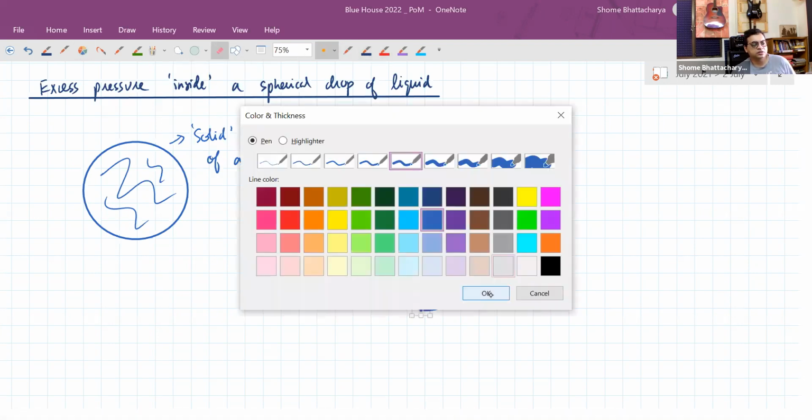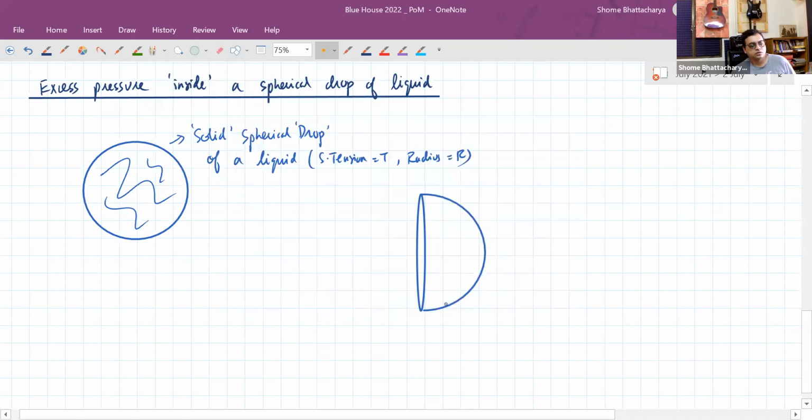So this is half the surface of the given spherical drop.